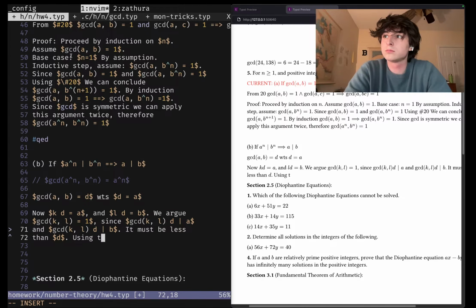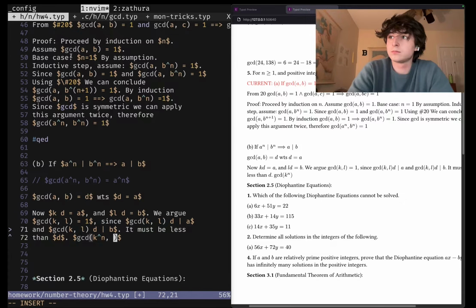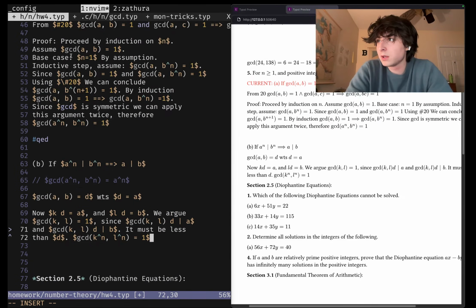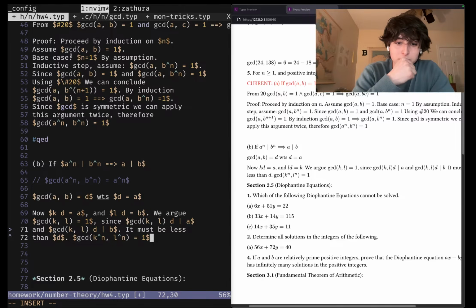How does this help us? K to the N, L to the N equals 1. Apply the previous problem.